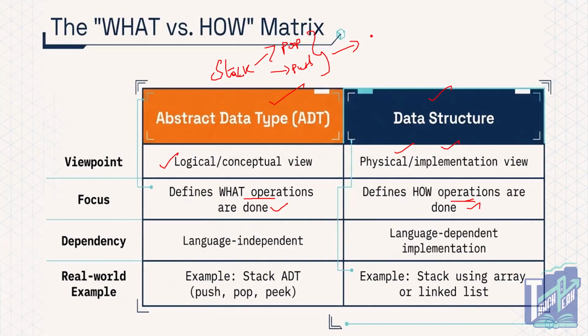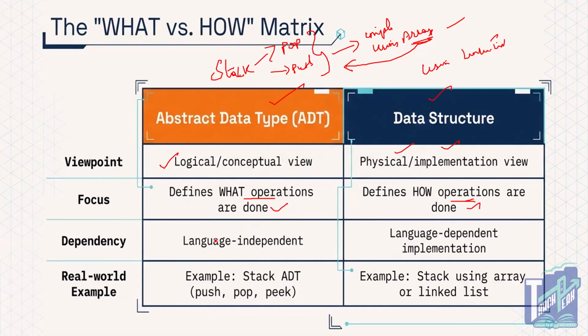The data structure will care about it. So implementing the stack using an array is called data structure. Array is a data structure. Through this array, we are going to implement the stack data type, or else using a linked list. So these are the implementation parts.